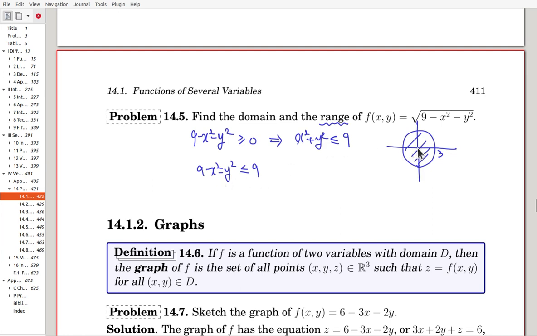As (x, y) moves far away from the origin, the value becomes smaller, and along the boundary, the value must be 0. So f must be non-negative, and the square root must be bounded by the square root of 9, which is 3. So that's the range.